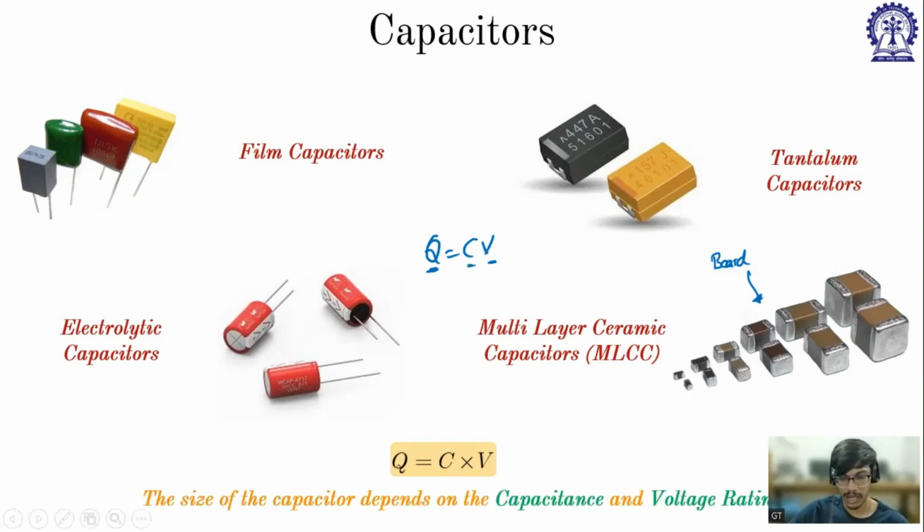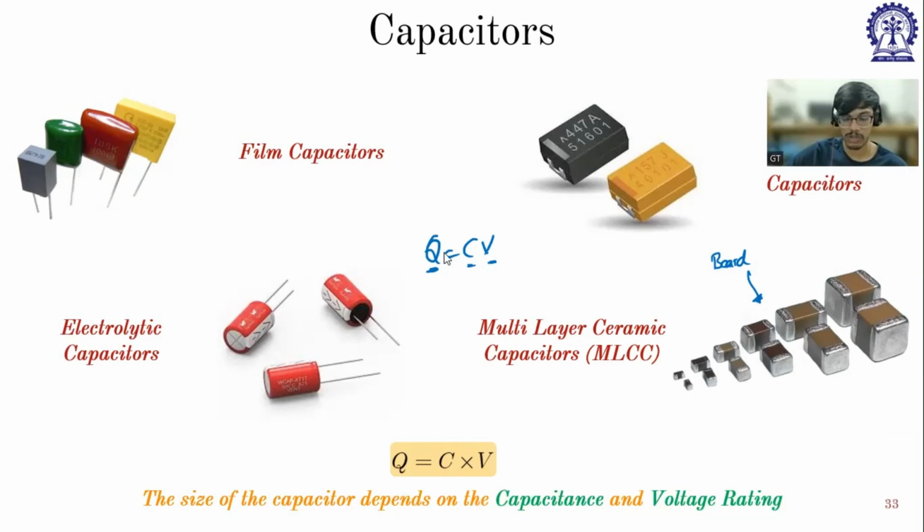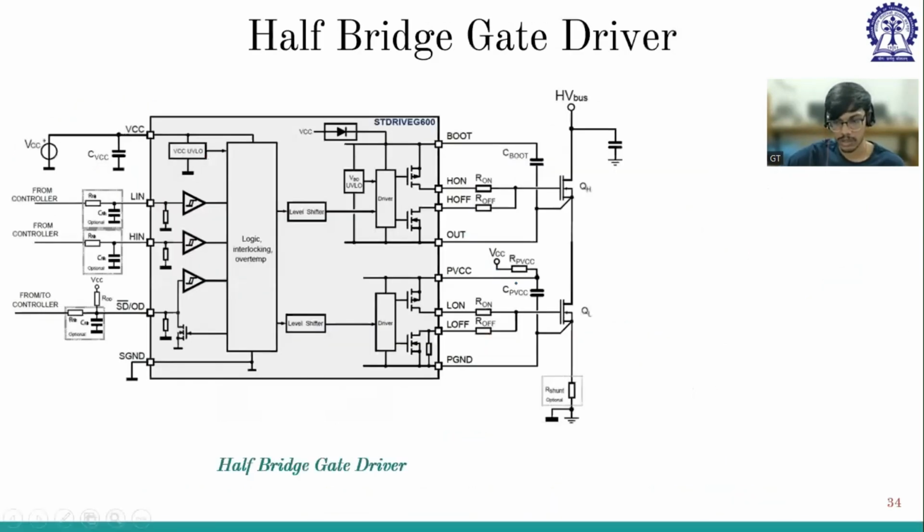If the charge increases, then the size of the capacitor will also increase because it has to hold a much higher charge. So if the capacitance increases, or if the voltage rating increases, if any one of them increases, then Q increases, and so the size of the capacitor also increases. This is just to give some brief understanding about the capacitor.